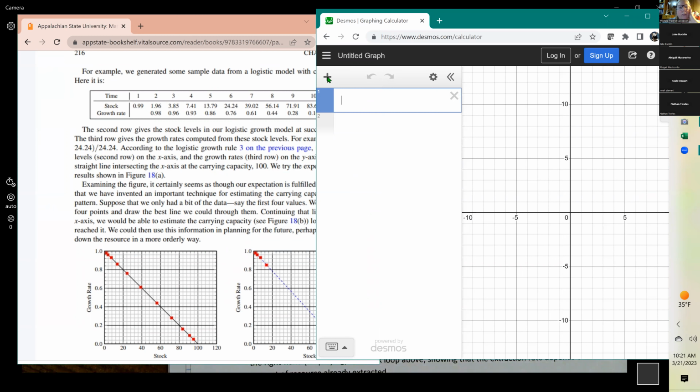To do that, you click here on the plus sign and go to table. And then you would enter your X and your Y. The X is the stock and the Y is the growth.